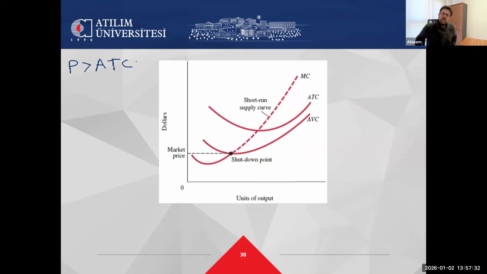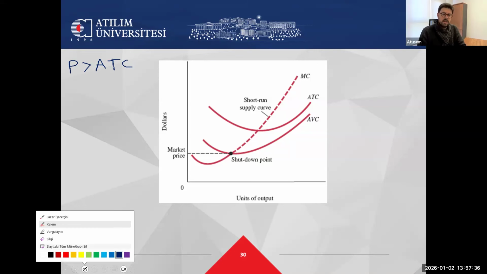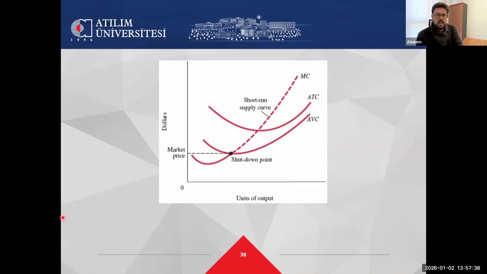I'm not gonna show it over here because I can show it on the other slides, but let's try to understand that part. So the production level starts at the minimum point of average variable cost. That is called the shutdown point, the minimum point of average variable cost.